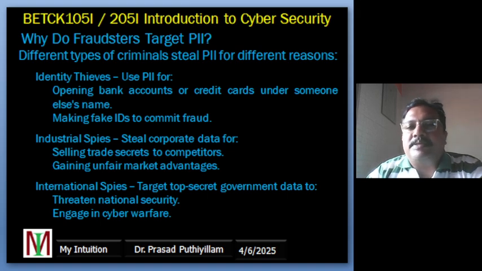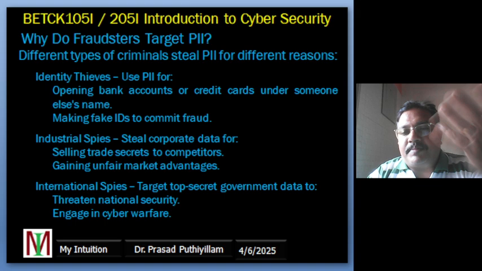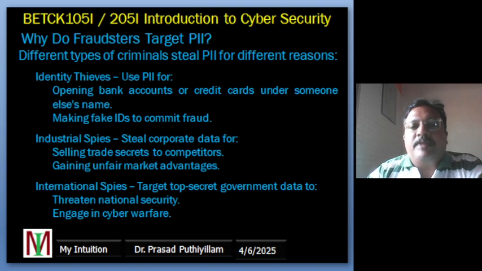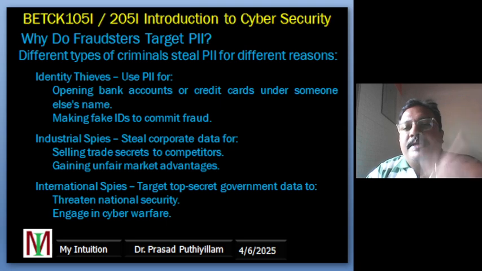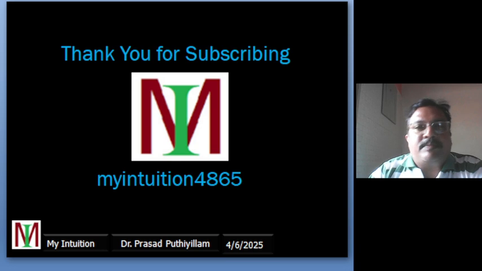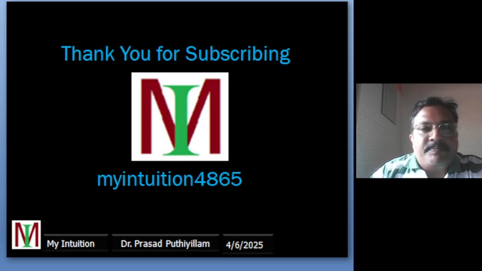Industrial spies steal confidential business information and sell the trade secrets to another company or a competitor, gaining unfair advantages in the market. International spies target top secret government data, threaten national security, and engage in cyber warfare or intelligence gathering. So that is about PII, and that's about module 4 as such.